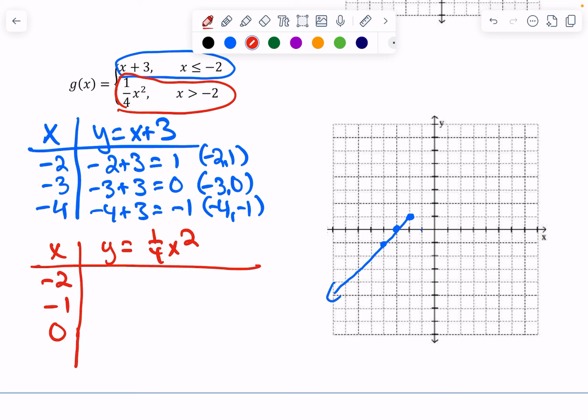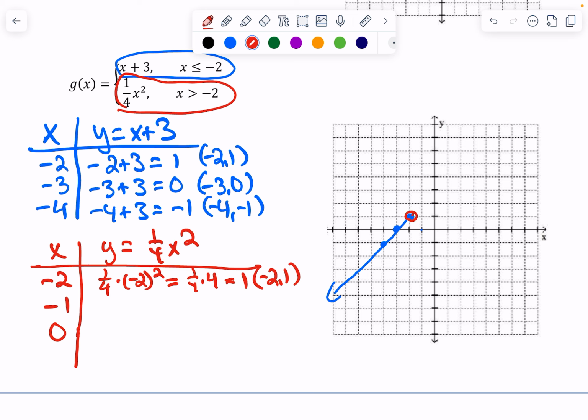We might need to do another point because this is a quadratic function. So 1/4 times (-2) squared. So this is 1/4 times 4, which is a 1. So our point is (-2, 1), which happens to be the same point that we already graphed here.